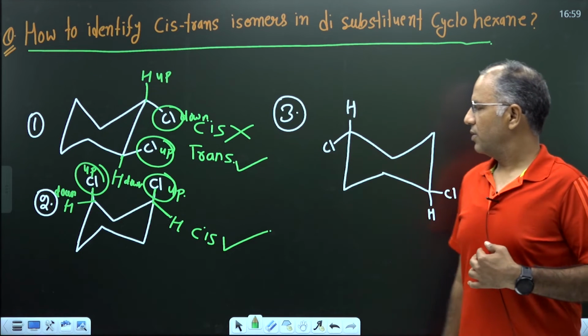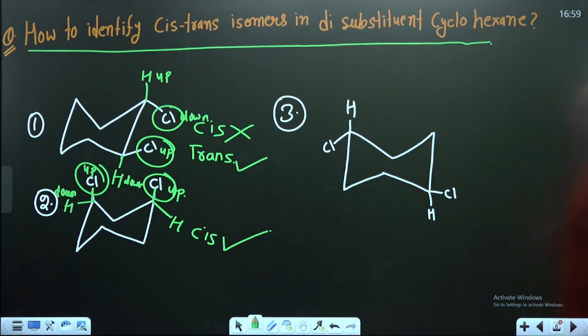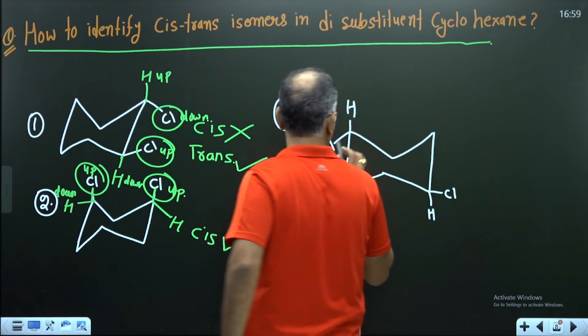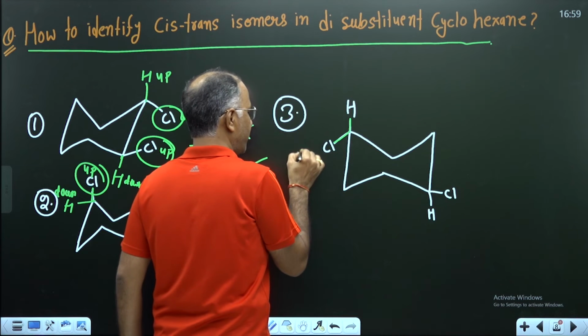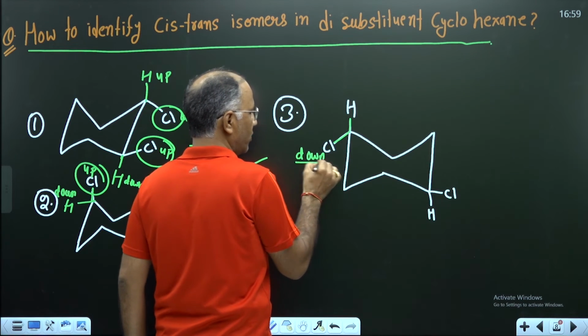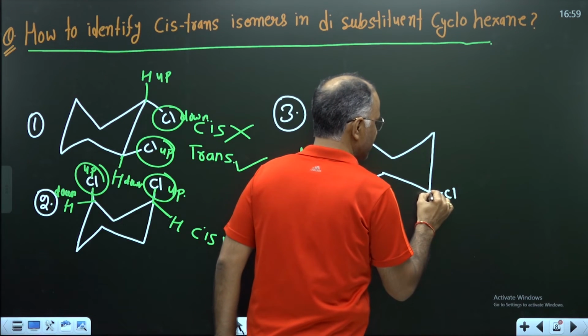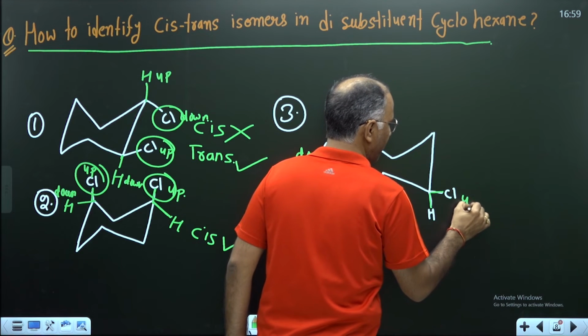Got it? Now what is the answer for the third? Whether it is cis or trans. Now we have to use the same concept. In this carbon, hydrogen is above the plane, this chlorine is below the plane. This means this chlorine is down. Similarly, this hydrogen is down, chlorine is up.